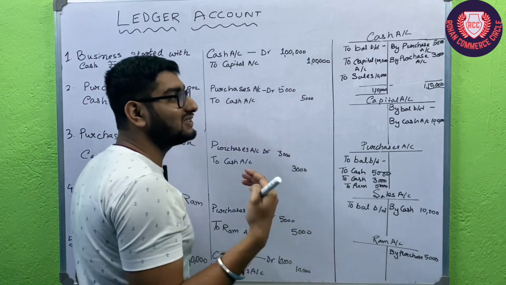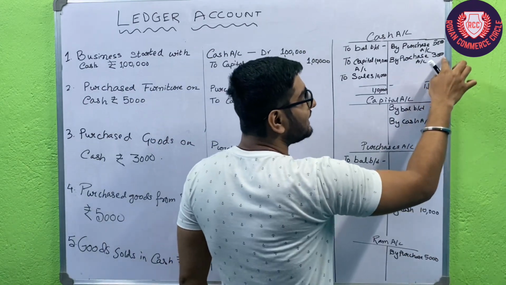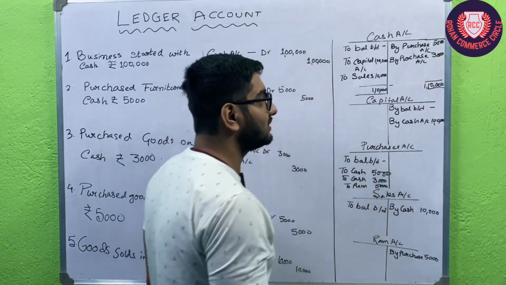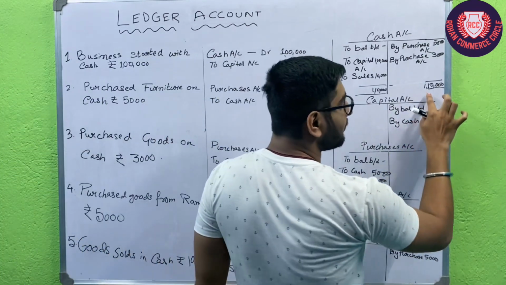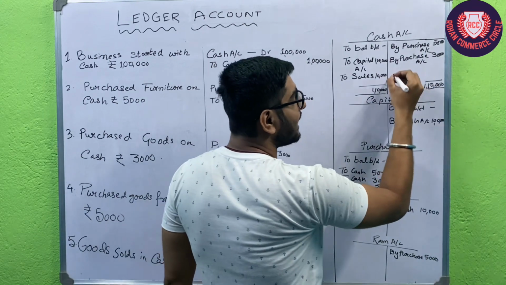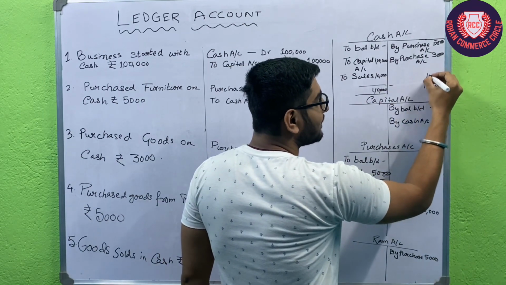Then we have to subtract: 30,000, 3,000 and 5,000, that is 8,000. Subtracting 8,000 from 1,10,000 gives 1,02,000.